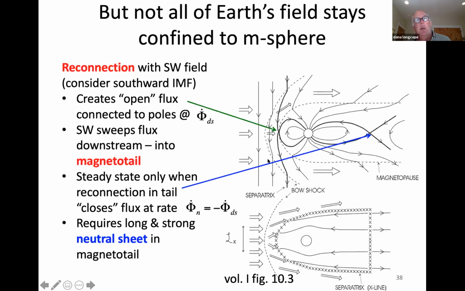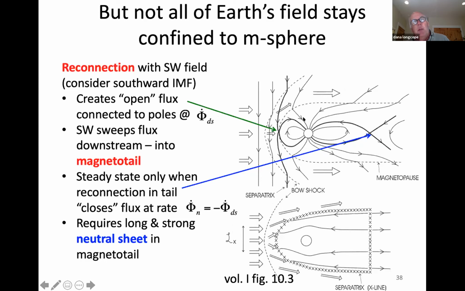Now, some of the other things we're going to talk about are related to the magnetotail, the part of the magnetosphere on the night side. So we've already talked about, we have a solar wind that comes in, it hits the bow shock, and then it hits the magnetopause and goes around, and it's heading out into space on the backside, but it's actually creating this stretched out magnetotail.